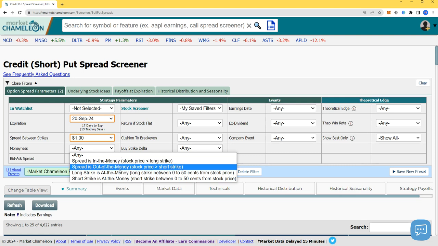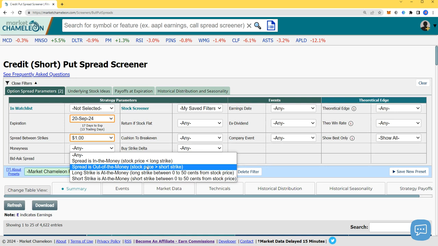I don't like to do that because you need the stock to go up. What I do like is spread out of the money, okay? Meaning the stock price is higher than the short strike. Again, that's what I'm looking for. The stock is at 100 and the short put that you sell is like 98, and the long put that you buy is 97, basically.